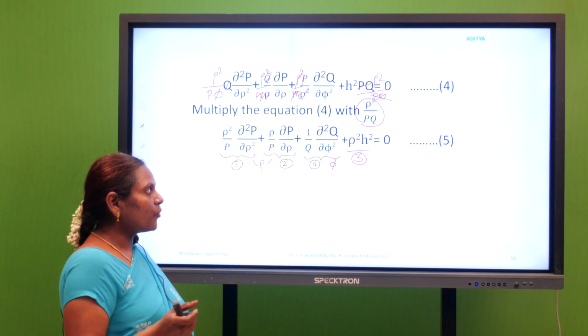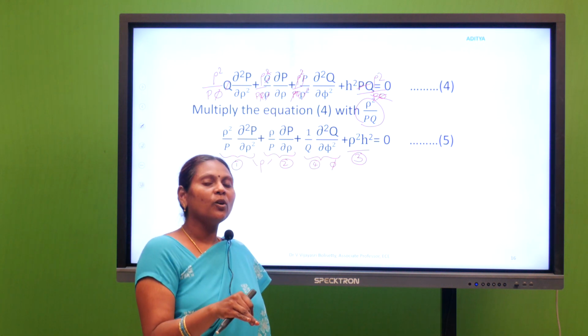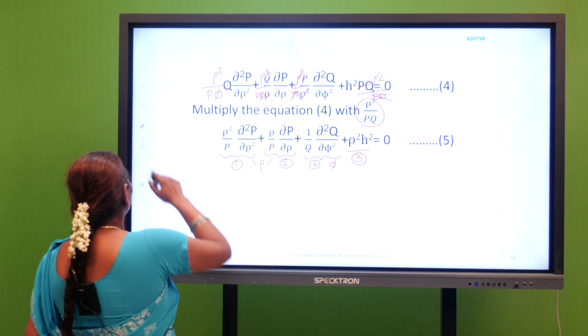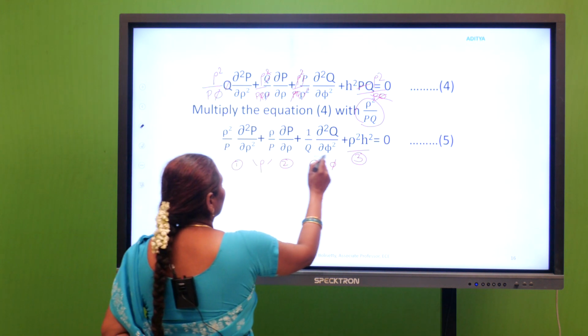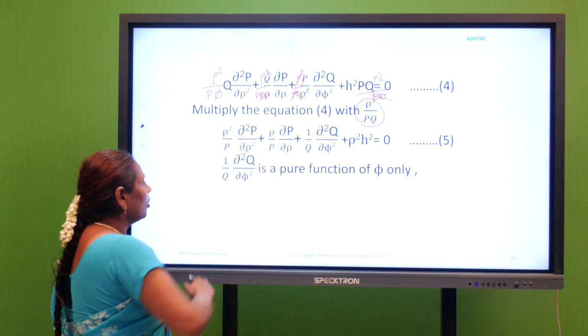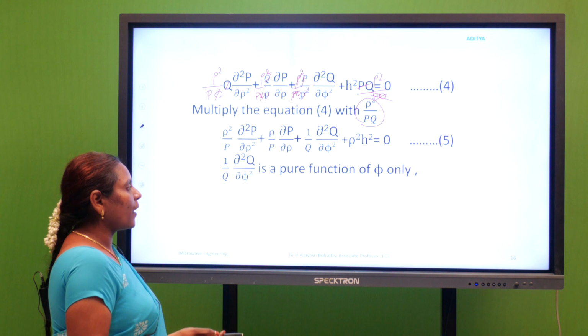So, in equation 5 we have 4 terms, of them 3 terms are purely functions of rho and 1 term is a pure function of phi only. 1 by Q dou square Q by dou phi square is a pure function of phi only.